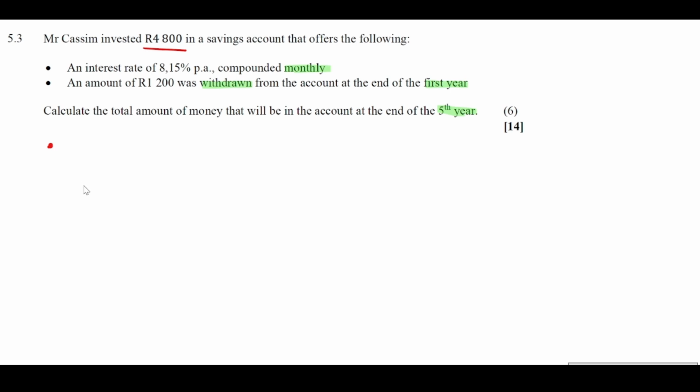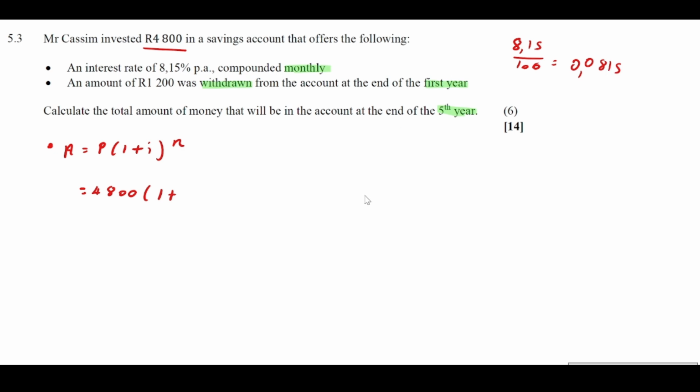Now here's what we have. The formula that we're going to use is A equals P (1 plus i) all to the exponent of n. The amount that we have is 4,800 rand into 1 plus, how much is the interest? It's 8.15. You're going to convert it, so 8.15 divided by 100 gives us 0.0815.